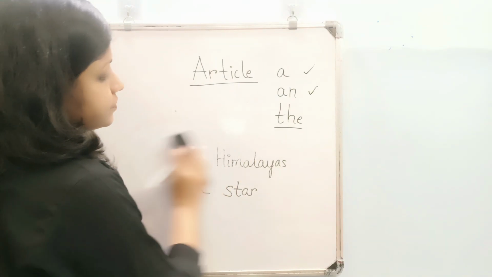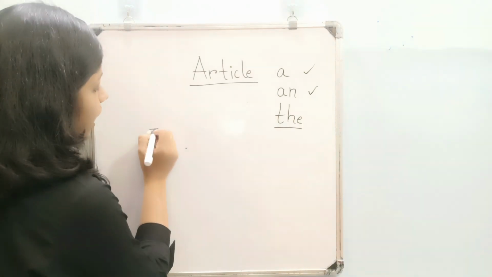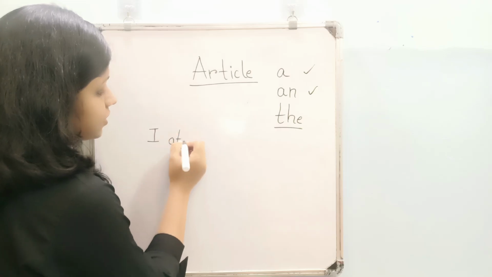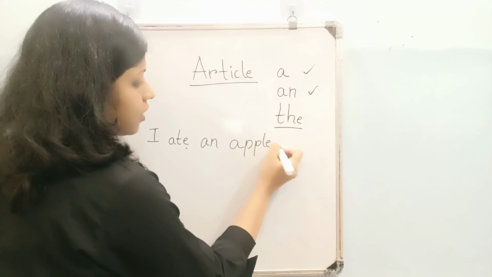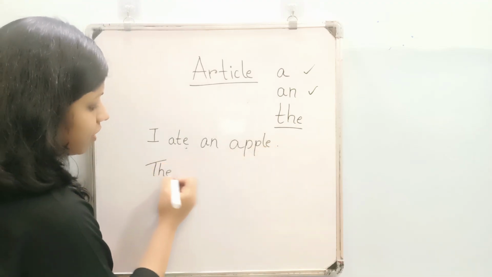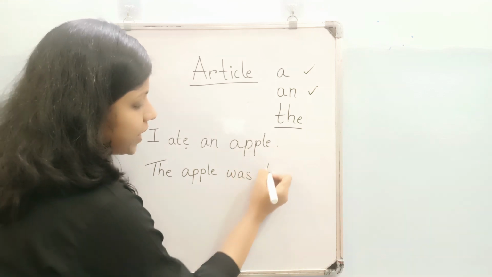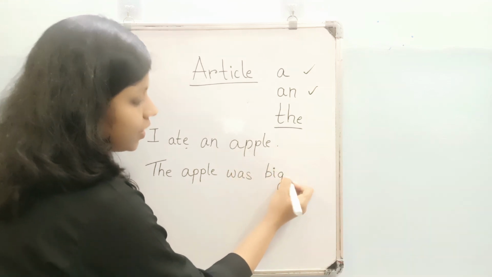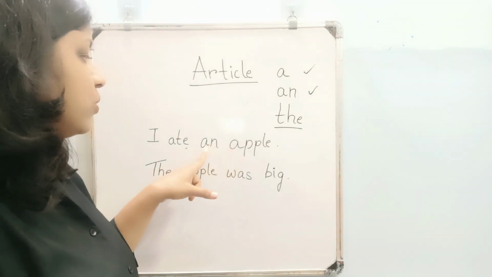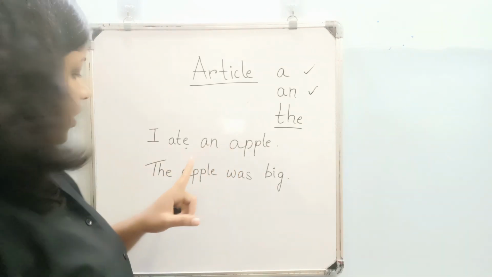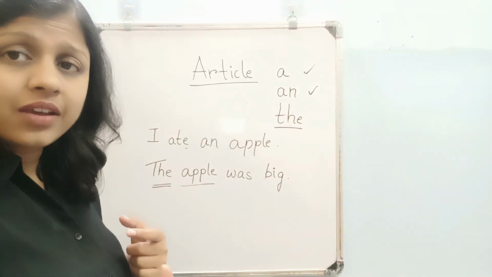I will show you some more examples. I ate an apple. The apple was big. Here, apple is starting with the vowel A, so we have used the article an. Here also it's apple only, but we have used the article the. Why?